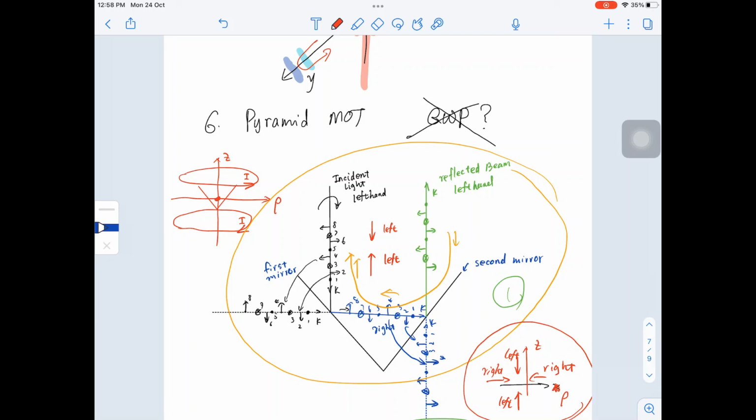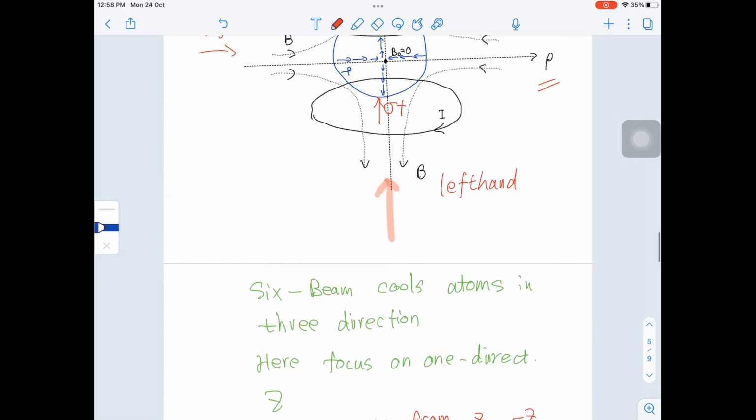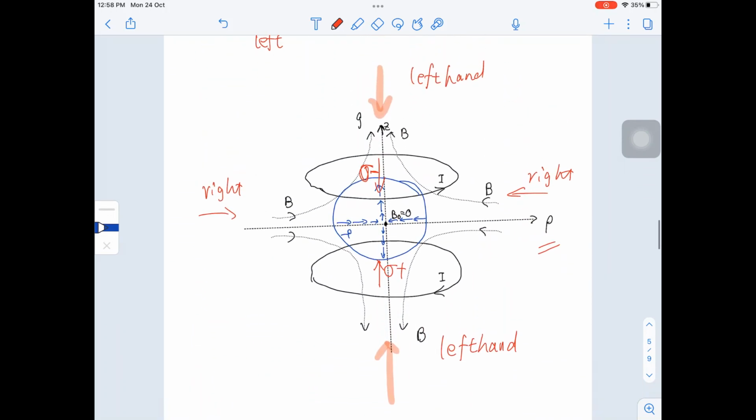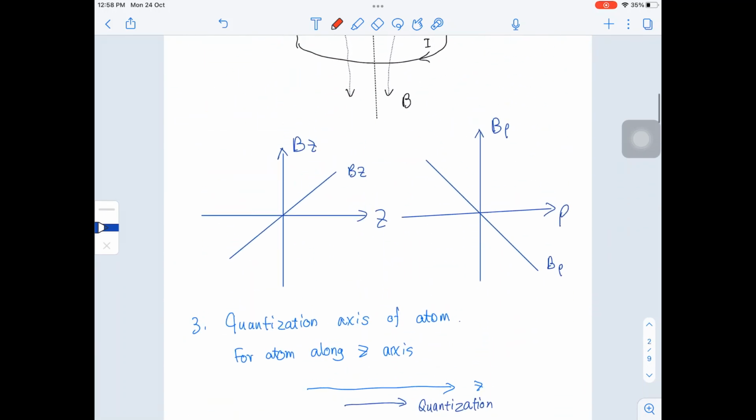What we need to do is to choose the right B field directions, which is the current. As long as the current is being chosen correctly, we can form the MOT. Why? Because we need to match the quantization axis. Okay, that's it. I hope this is very clear for everyone to follow.